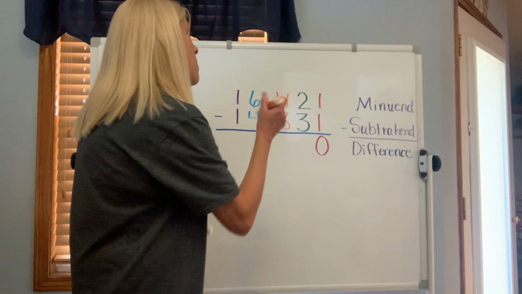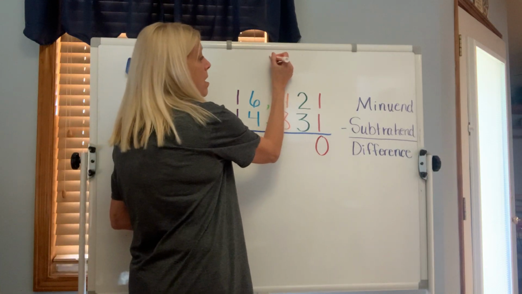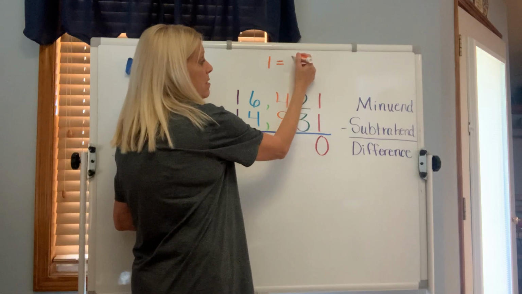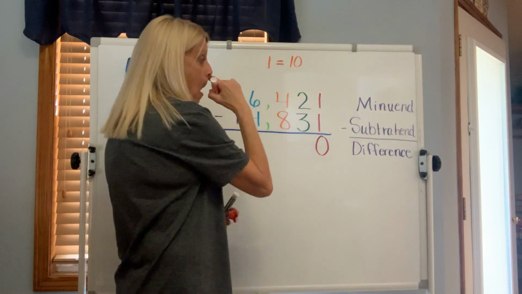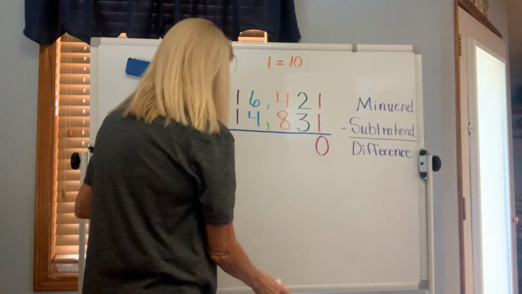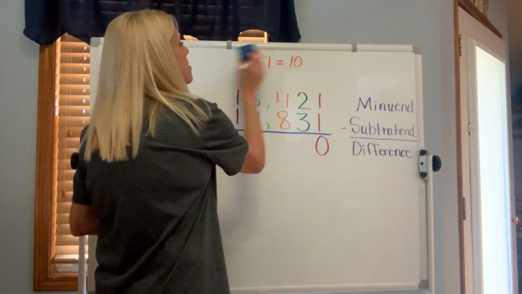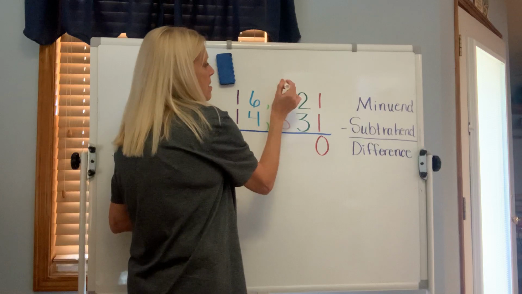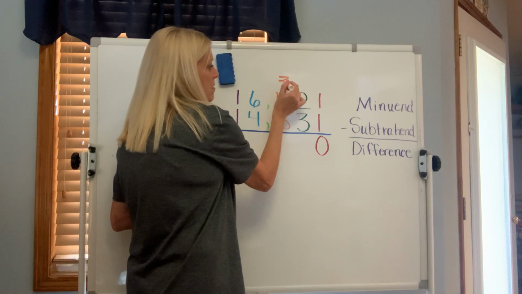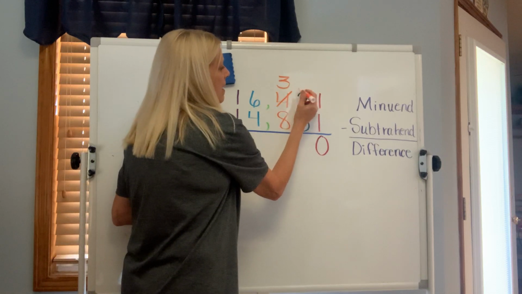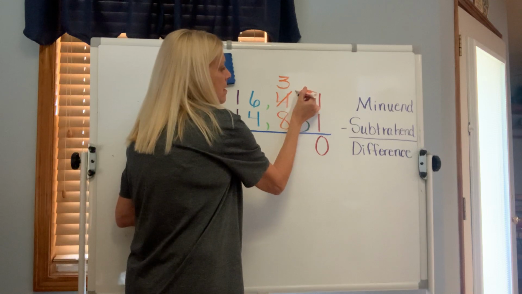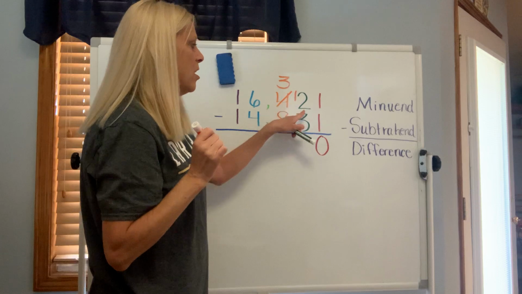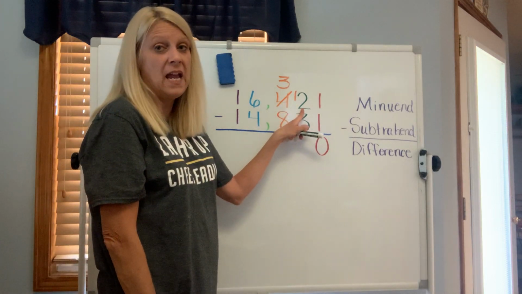We know that 100 is equal to 10 tens. So I am going to take one of those hundreds and I'm going to put 10 tens with the 2 tens I already have.